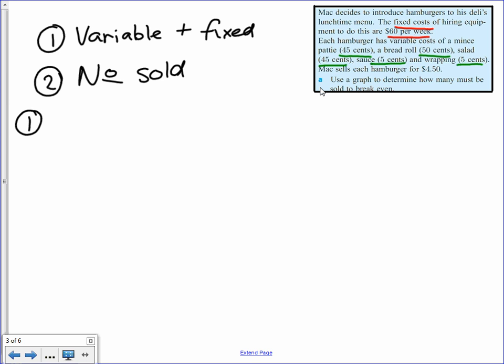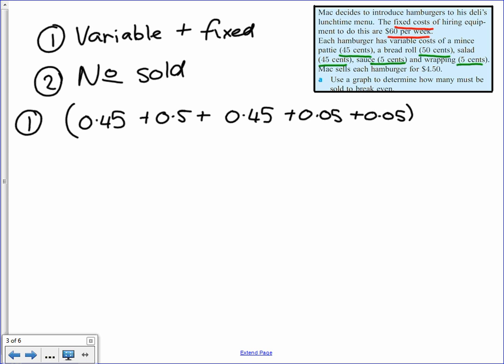What are our variable costs? Well, we've got them in green. So it's the burgers: (0.45 plus 0.5 plus 0.45 plus 0.05 plus 0.05). Can someone pop that in the calculator for me? $1.5?